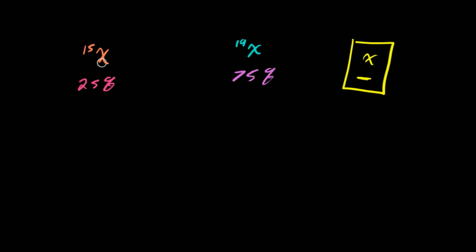Well, we would multiply the mass times the abundance. So the mass of our first isotope is going to be 15, and we know that 25 times out of every 100 times that we find an atom of element X, it is going to have an atomic mass of 15.